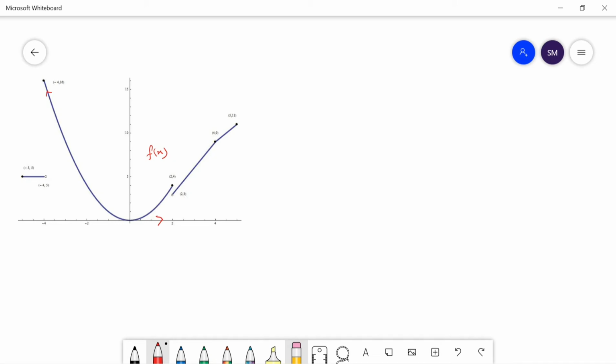You check from the left hand side, so limit x tends to 2 minus f of x. How is the graph going? The graph is going here, to 4. So this is equal to 4. Now from the right hand side, limit x tends to 2 plus f of x is equal to 3, the graph is coming to 3.